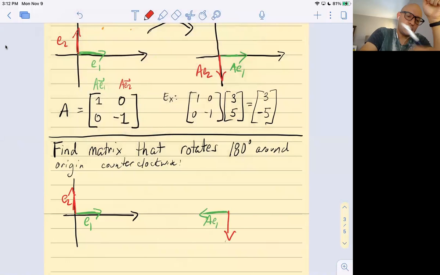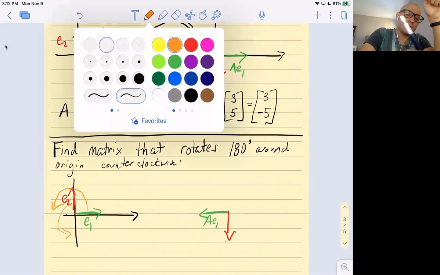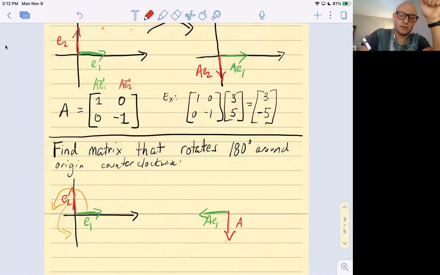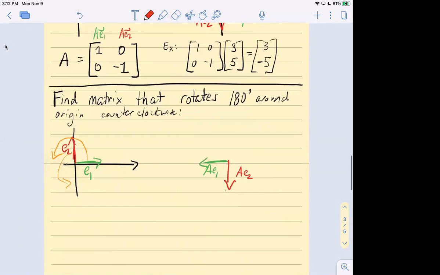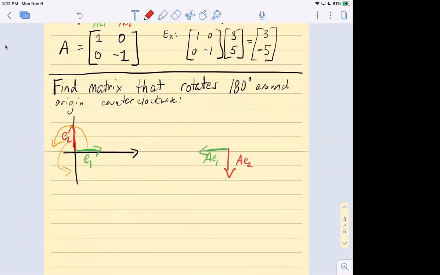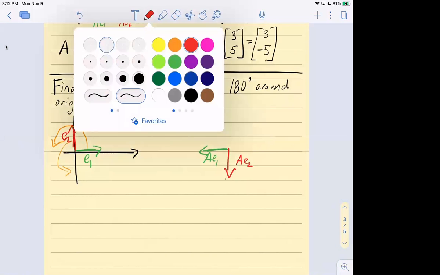So I'm just going to draw a little arrow here, like just imagine everybody getting rotated. Like that. Awesome. And so how do you know the matrix then? Because when it's the second graph, E1 is facing the -1, but it's still on that 0 line.